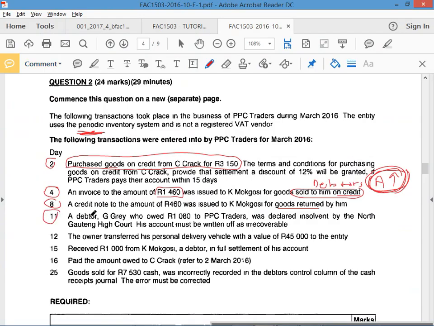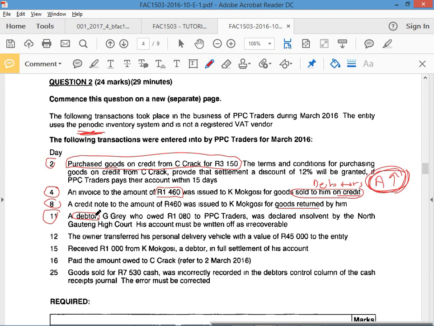Number 11. A debtor, G, who owed 1,080 to PPC was declared insolvent by N. His account must be written off. Okay, so a debtor, let's keep it simple. A debtor can't pay. A debtor is going to refuse to pay, can't pay, they're not going to pay.